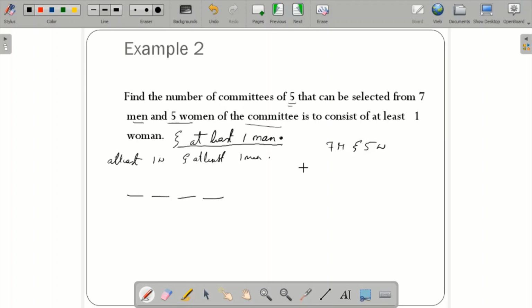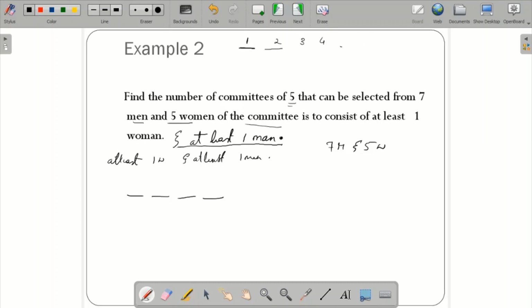So the possibility for the men is I can have at least 1 man, then 2, 3, 4. Why can I not have 5? Because there is a constraint that 1 woman also should be there.